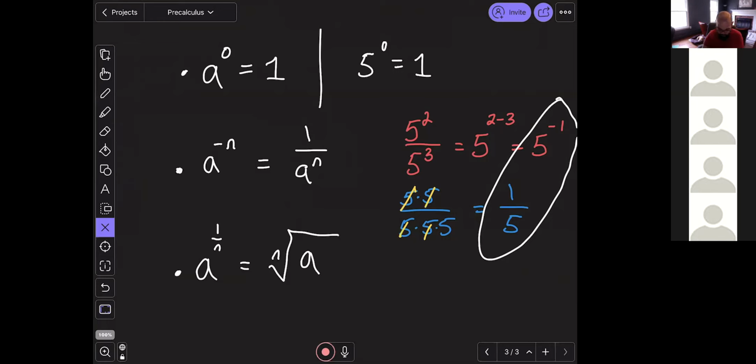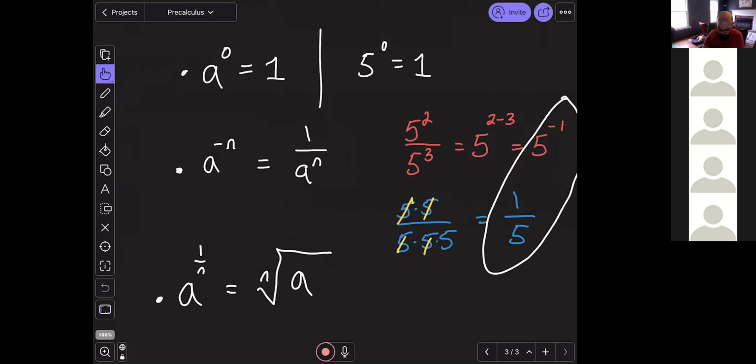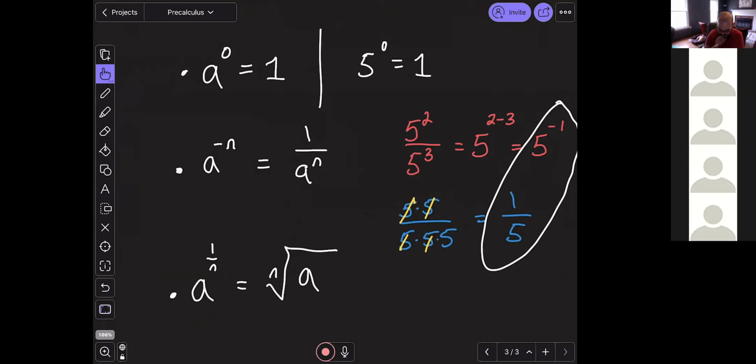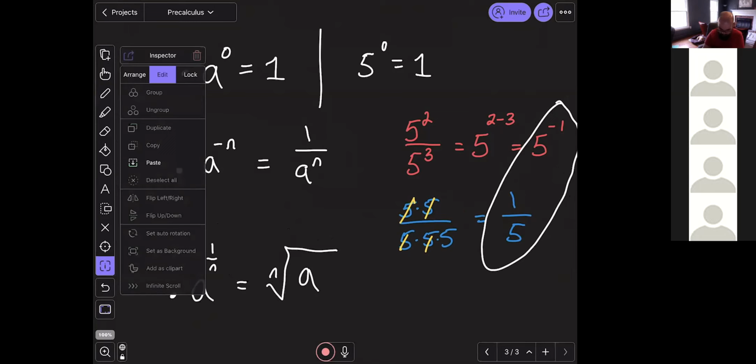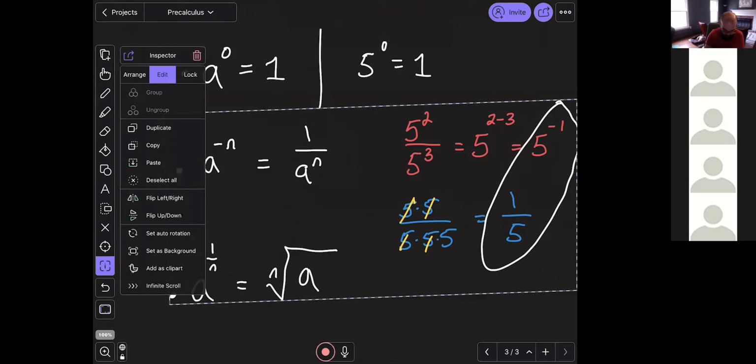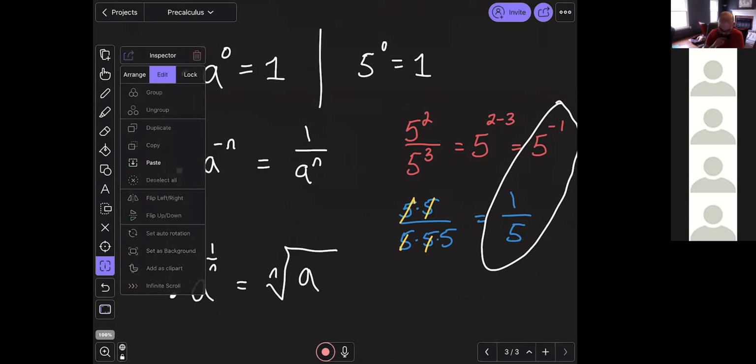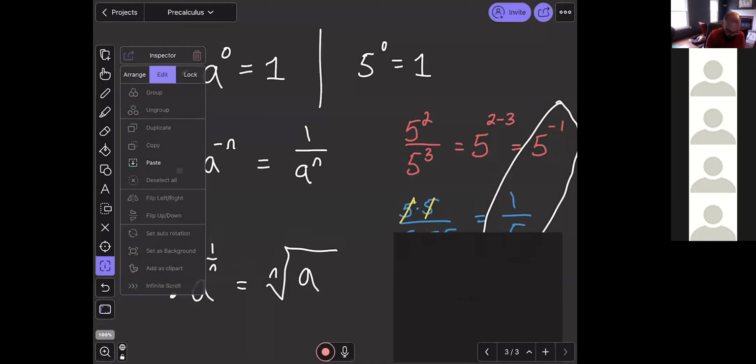But if we go ahead and think about this, why do these group? All right, so I'm going to go ahead and bring this onto another slide so we can view this.